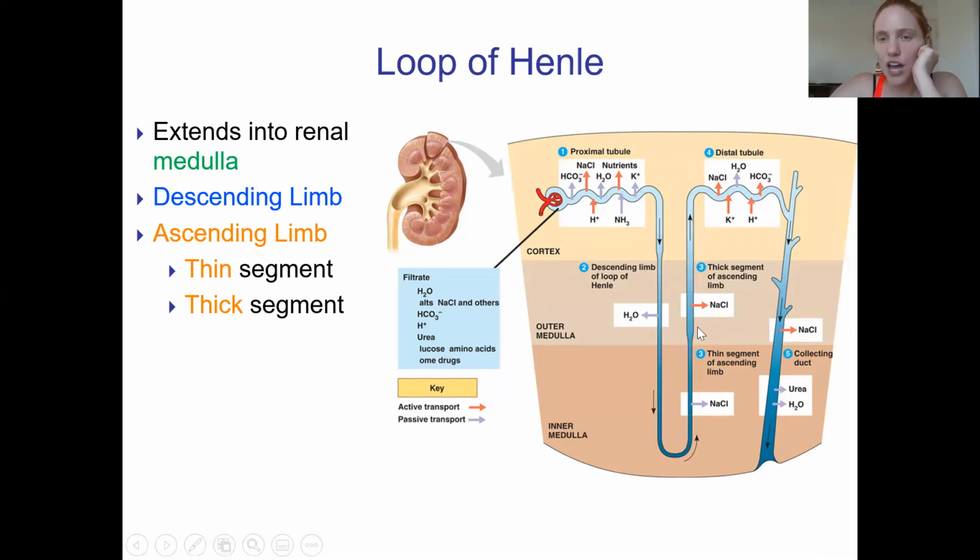Now this ascending limb has a region which is called the thick segment, which is not permeable to water. That's important. Okay, so you have one limb that is permeable to water, water can get through it, and one limb that is not permeable to water. Water cannot get through the ascending limb.